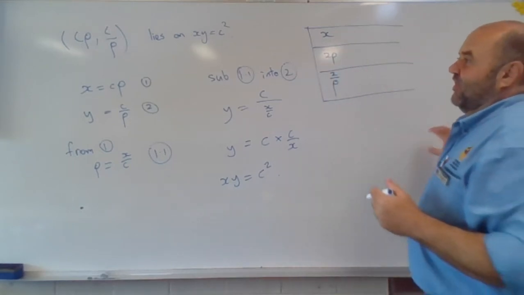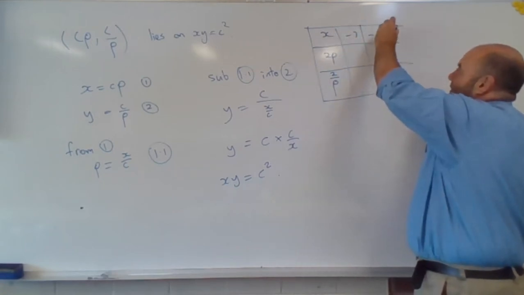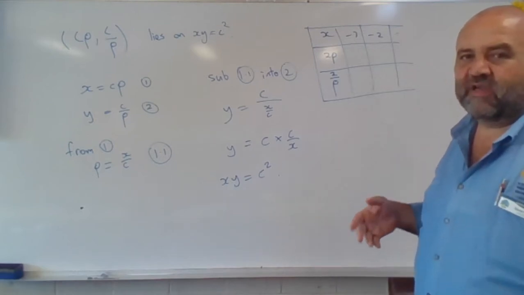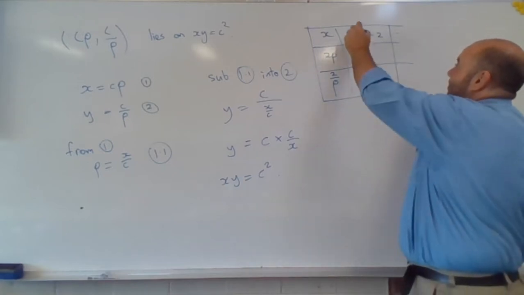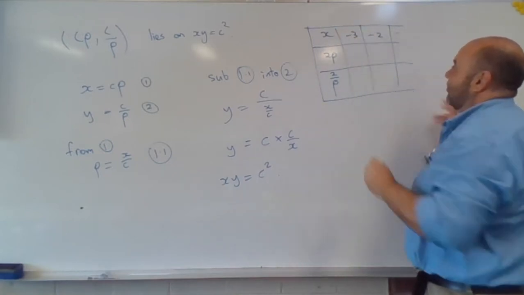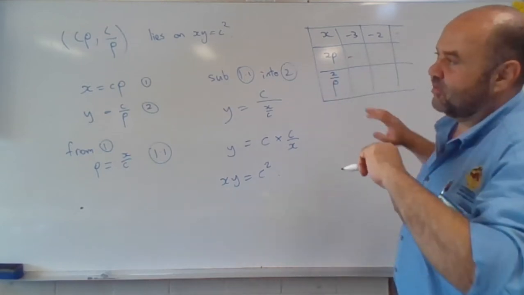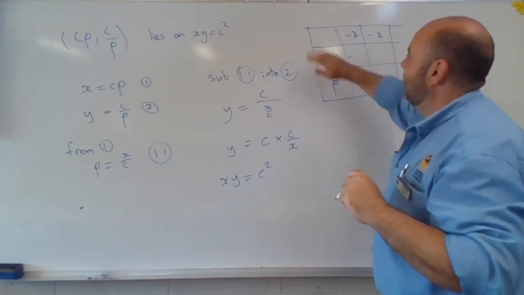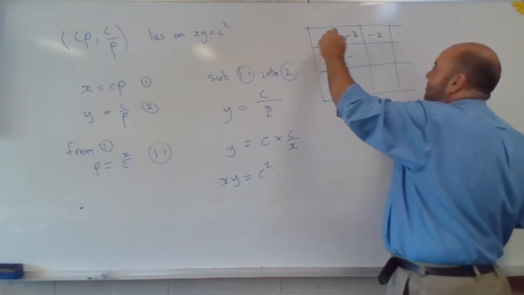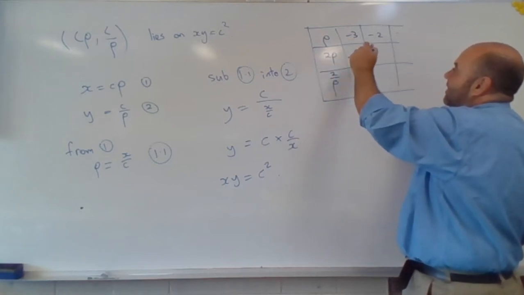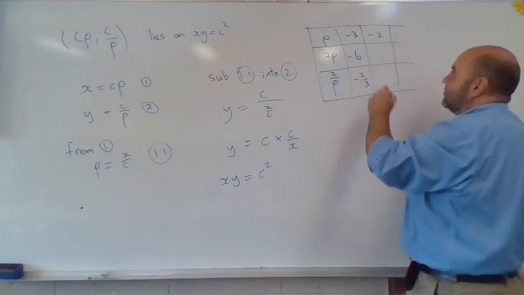They start at -3, -2, etc. I'm only going to do the first couple because it's just mechanical processing of numbers. If p equals -3, then 2p is -6, and 2 on p is -2/3.